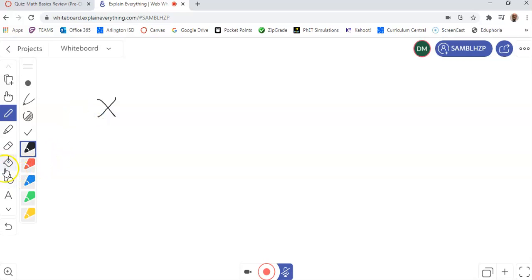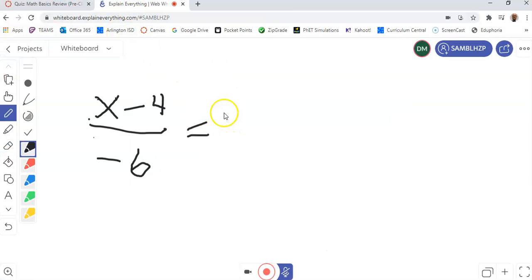X minus 4 divided by negative 6 equals 3. I know my handwriting is amazing right here.